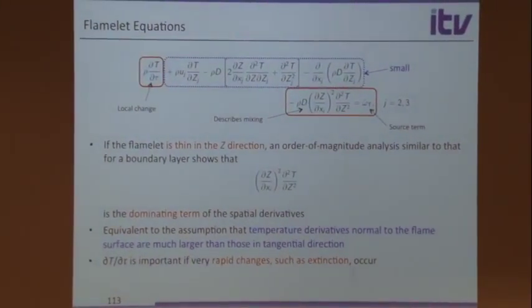And again, that is very often a very good assumption, especially when we have no extinction.